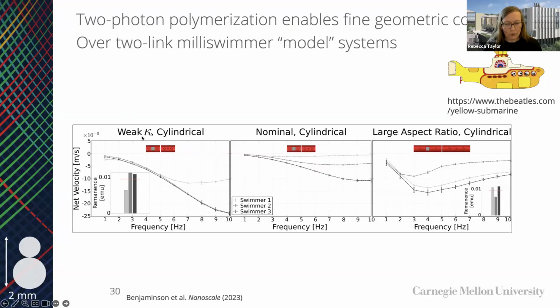So a weak spring is useful, but then we could also start exploring the relative role of things like aspect ratio. And you can see that the maximum velocities occur at higher frequency, right, for our larger aspect ratio. And so this gives us guidance on how to design. So we now have engineering in parallel at the millimeter scale and the micron scale, but the millimeter scale can inform this.